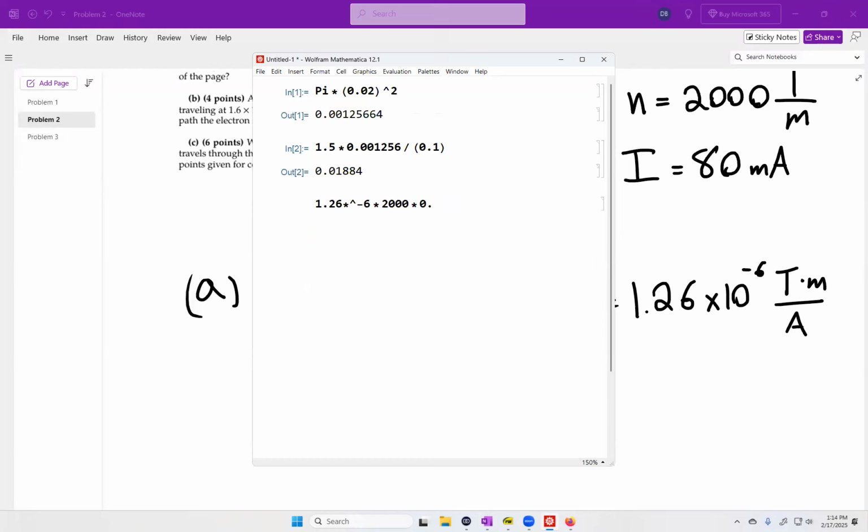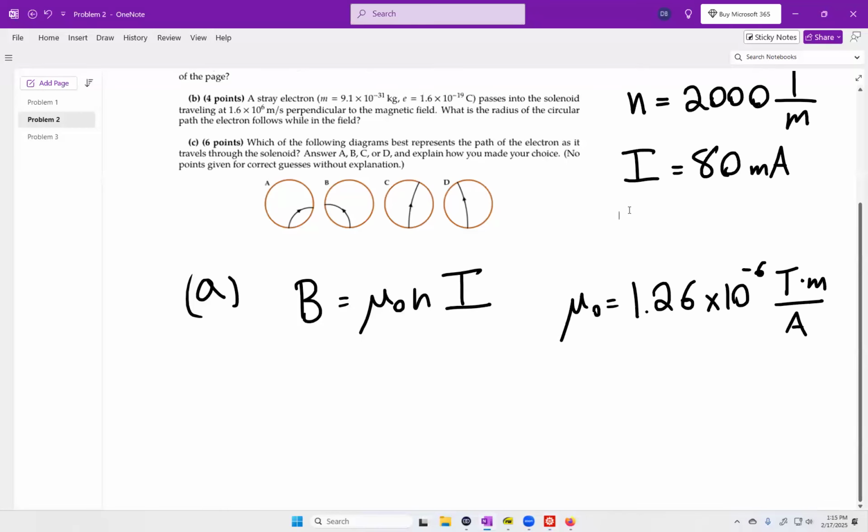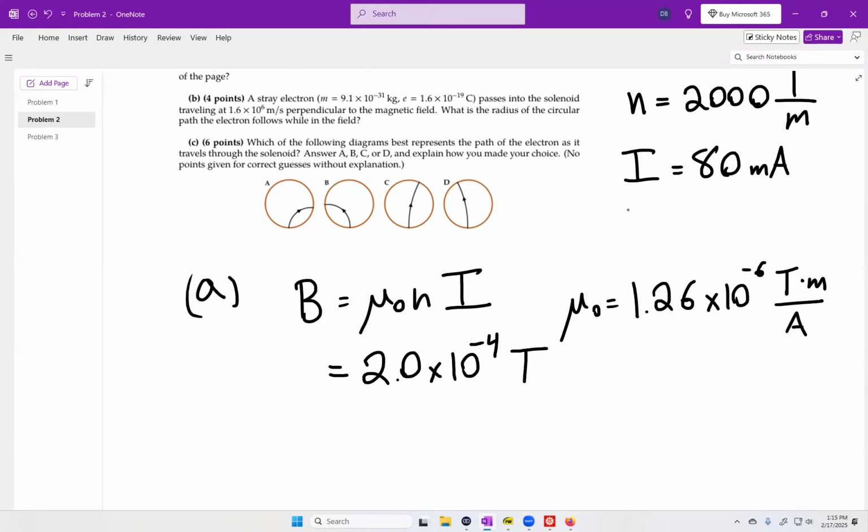Current of 80 milliamps. All right, and I get this number. So it's about 2 times 10 to the minus 4 Tesla, or about 200 microtesla.